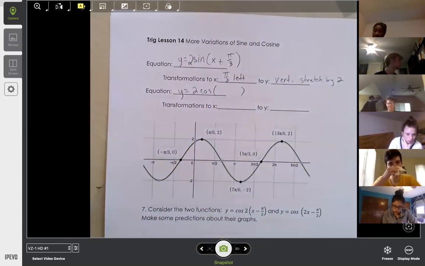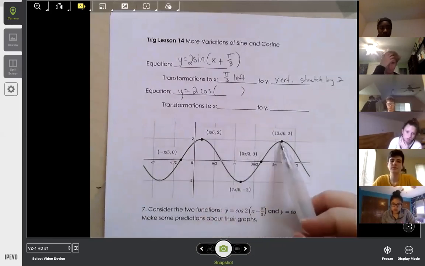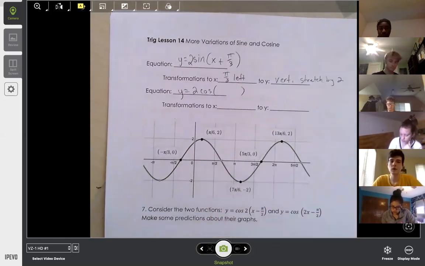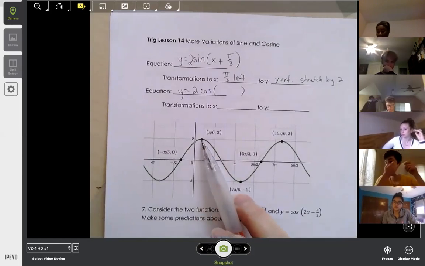Period's still 2 pi, that's not changing. What about the shift? Cosine, I need to think about it as starting here, ending there. How do I do the shift? Is it going to be x plus or x minus something? X plus. Okay, so it seems like it'd be x plus because I'm moving to the right.